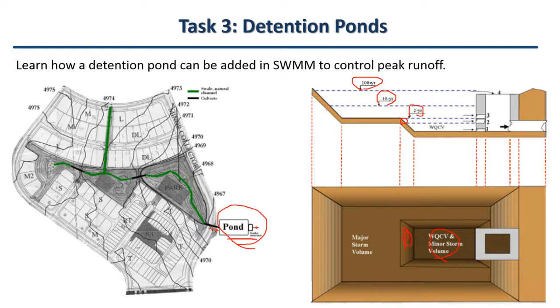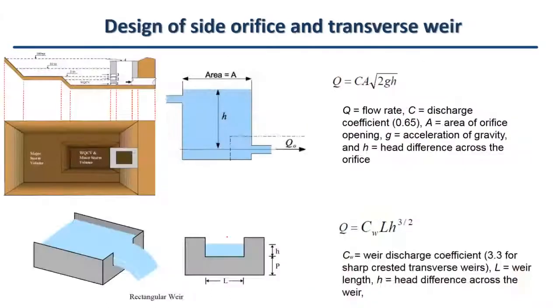Can you see some levels here? 10 years is going to happen here, and 100 years is going to happen at full capacity. So this is something that is designed in the stream for the urbanized area to make sure that we can convert the urbanized surface runoff to the before-development surface runoff, at maximum.